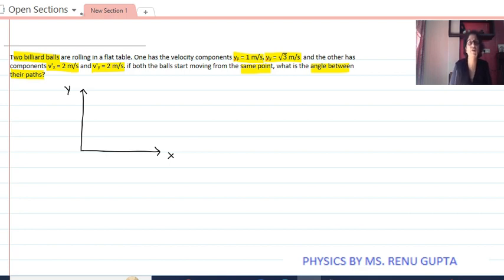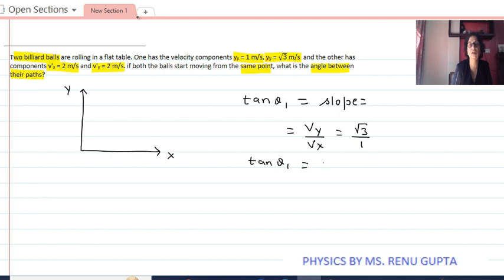Now, before I draw the direction of path, angle for first is given by tan theta, which is equal to nothing but slope, which is equal to Vy upon Vx, that is equal to root 3 by 1. So tan theta 1 is root 3. Therefore, theta 1 is equal to 60 degree.